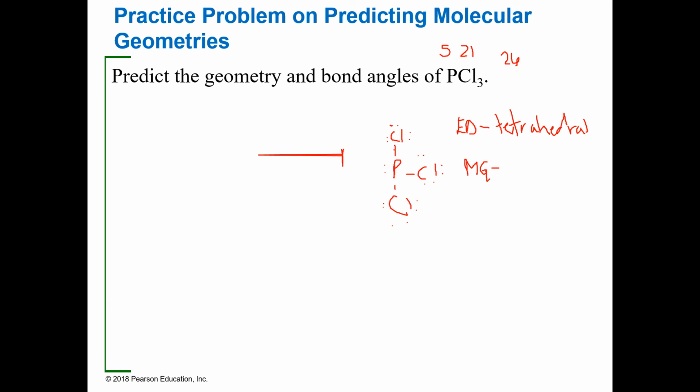I have 3 bonding pairs and 1 non-bonding pair. So the molecular geometry is going to be trigonal pyramidal. I gave you guys a bunch of practice problems on these in the same folder, so I encourage you to look at them.